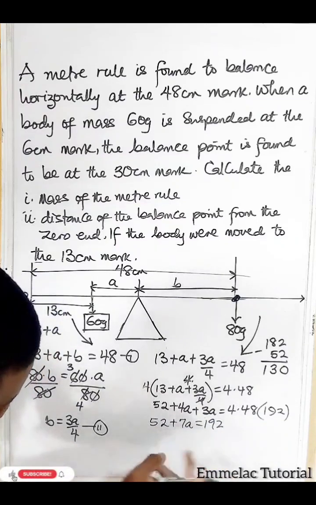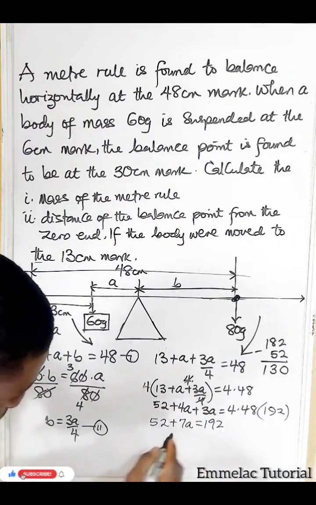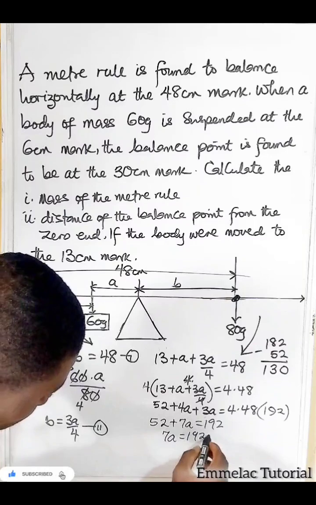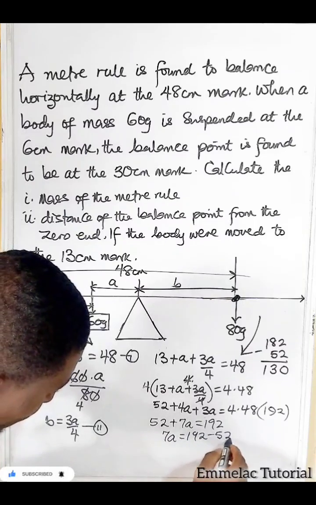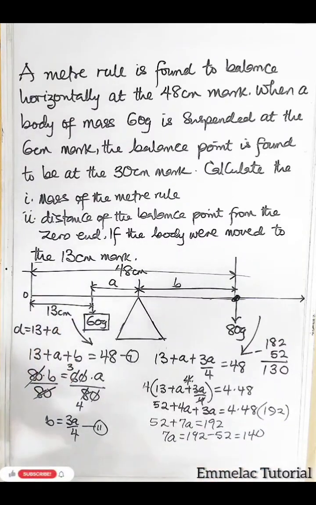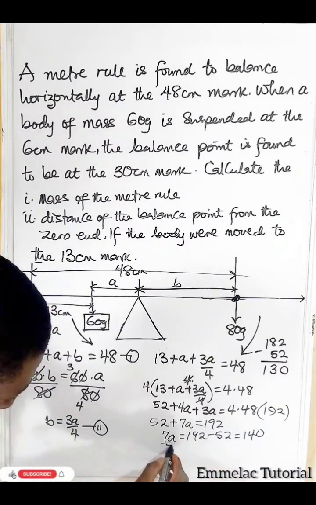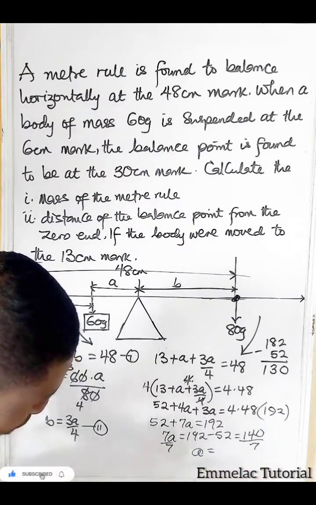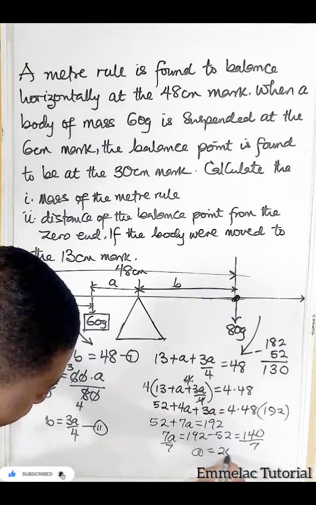Then let us subtract 52 from both sides. So 7A will give us 192 minus 52, which is 140. Now divide both sides by 7, so our A will then give us 20.